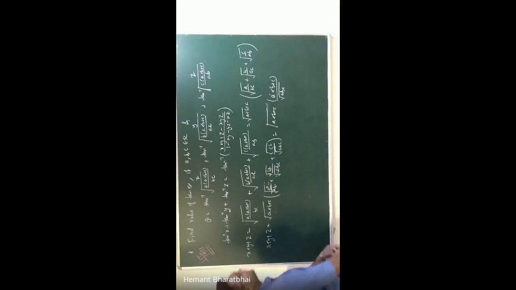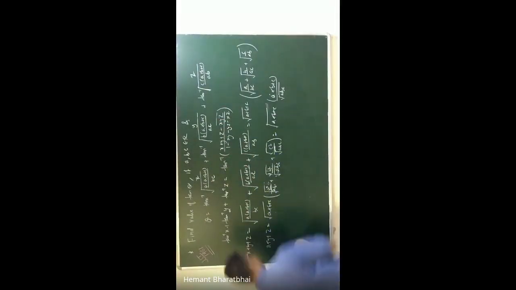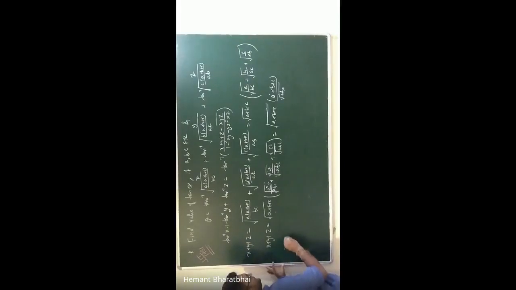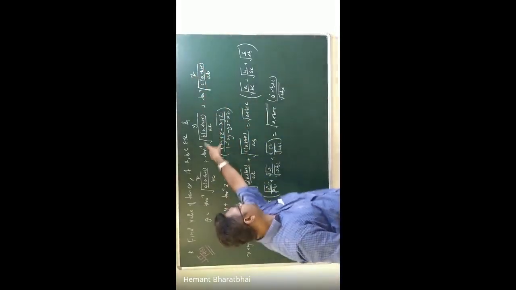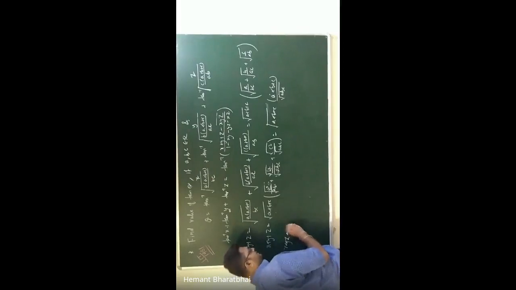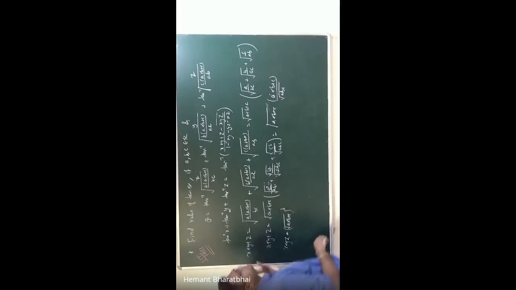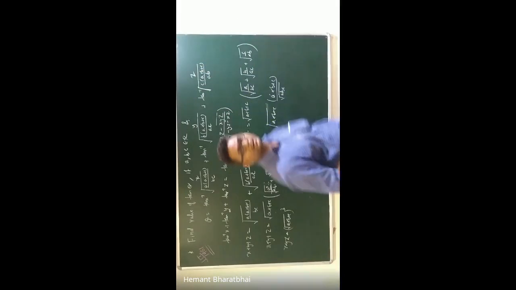Okay, let's find out the value of x into y into z. So you have to multiply this entire term. Everywhere you have this a plus b plus c, so I can write the whole raised to cube, because the same term is going to get multiplied again and again.